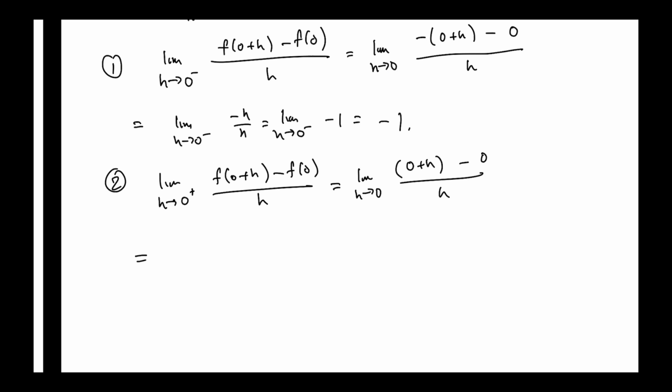Okay, and then the rest of it happens similar to before. Okay, and so we get 1. Does that make sense? All right, so the left-hand limit was one answer, the right-hand limit was another, and so what is the conclusion?